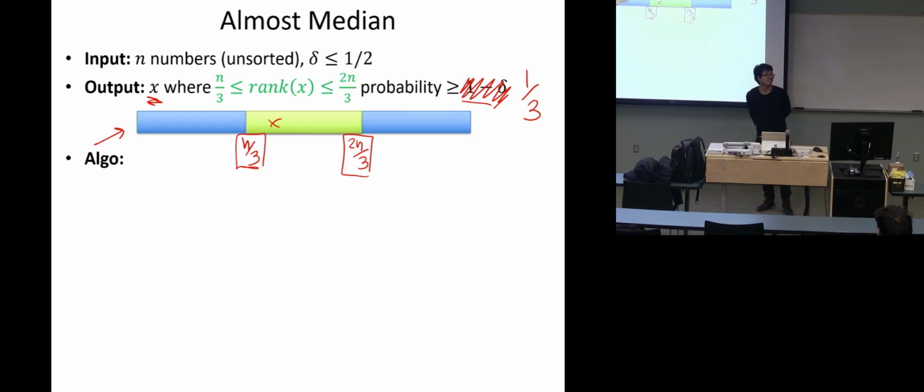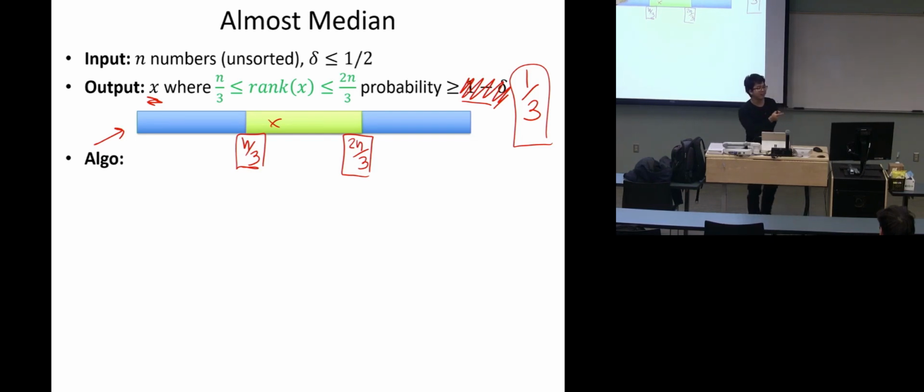You can pick 3 numbers and pick the middle one, and I think that'll give it to you with probability greater than or equal to 1/3? Yeah, if this is just 1/3, just pick one at random. That would work already.